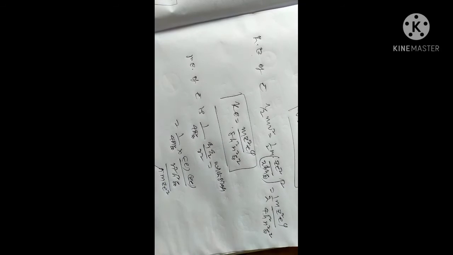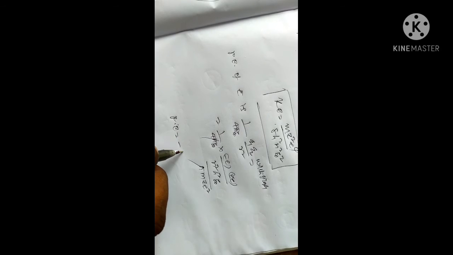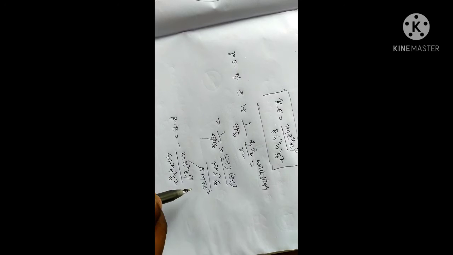From this the pi cancels. That is called the potential energy of the electron. The potential energy of the electron P is equal to minus m Z square e to the power of 4 divided by 4 n square h square epsilon naught square.